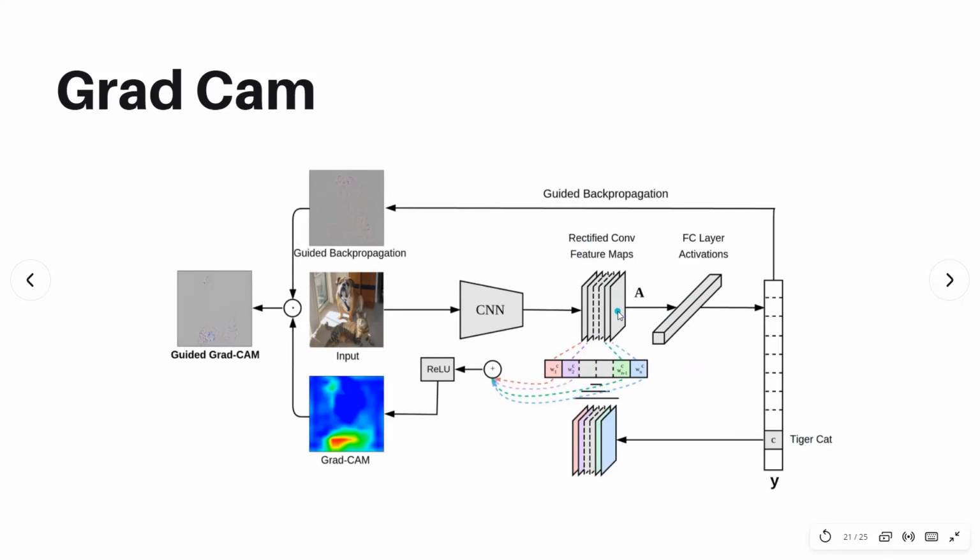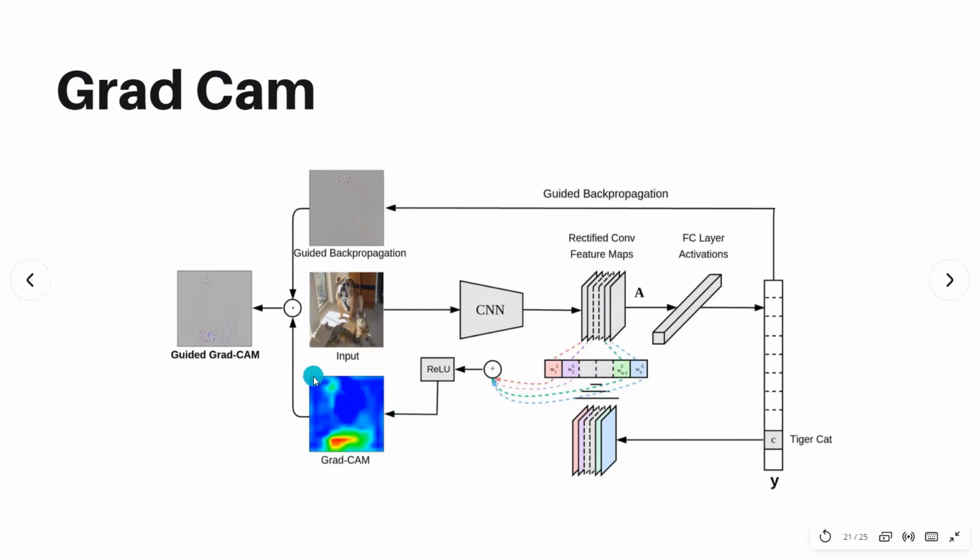And then we just combine all of these feature maps based on their influence, or based on their gradient. If this feature map influences this class a lot, we give it a high weight. This feature map doesn't influence the class, so we give it a low weight. And then we take the mean of all of these activation maps weighted using their gradient or their influence on the class.